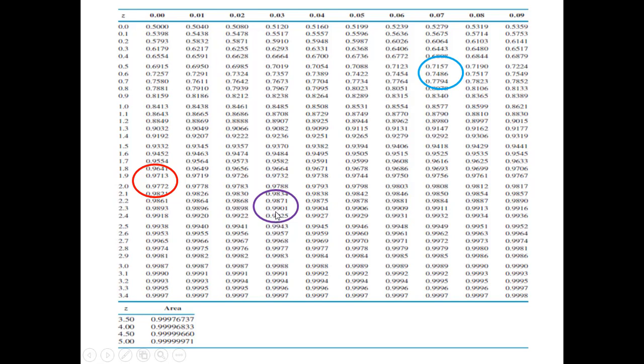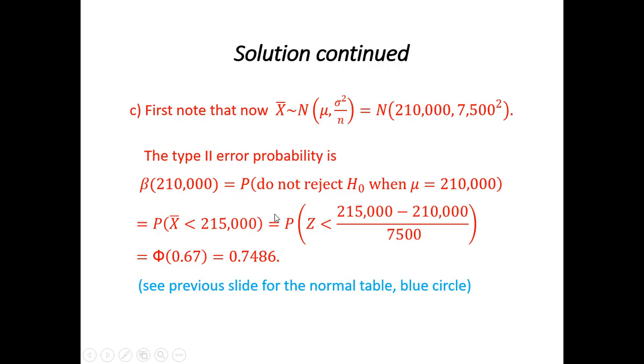You could see here we get pretty close, 0.9901. It's closer than either of these two numbers. So now I have to find the corresponding z. I go over here, I get the 2.3, and in this column we get the second decimal place. So we get 2.33 for our z value.